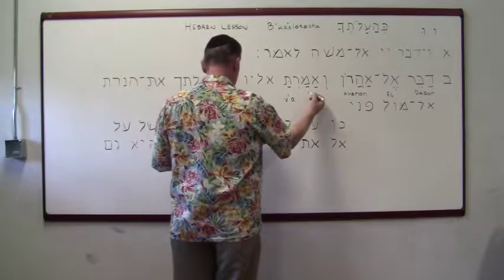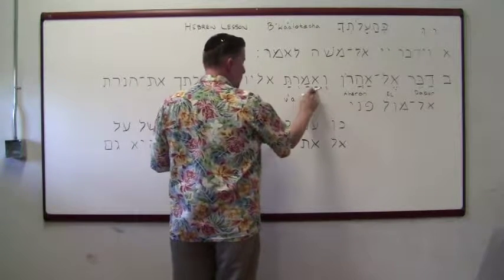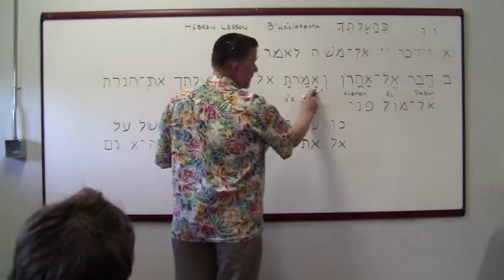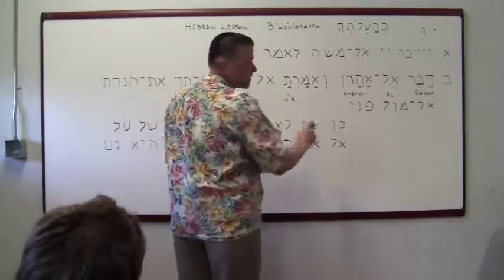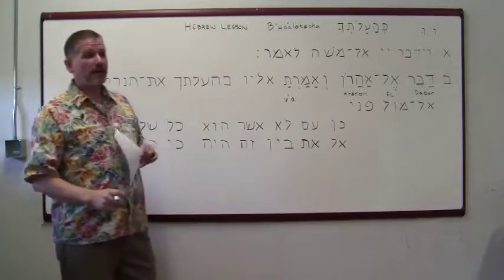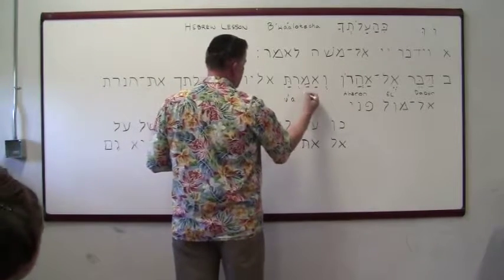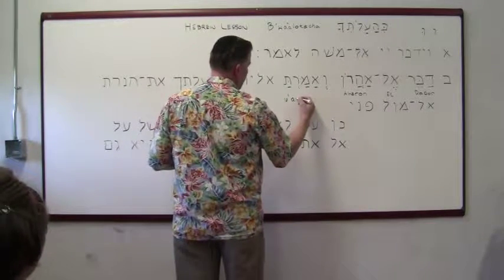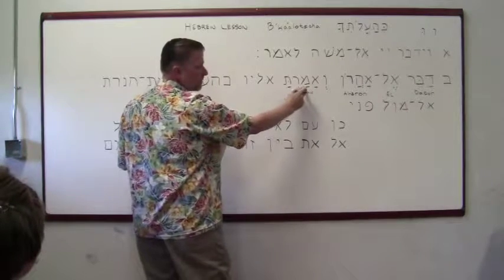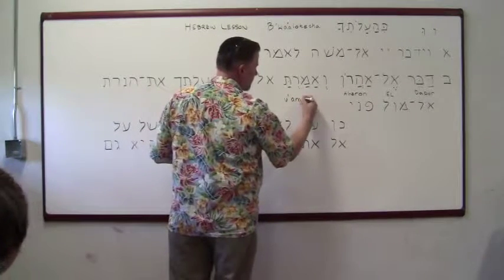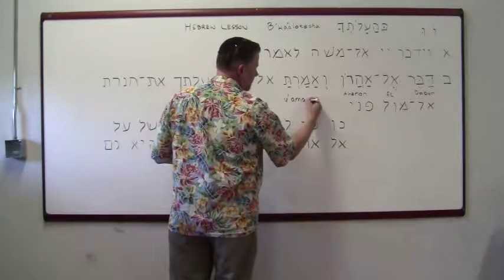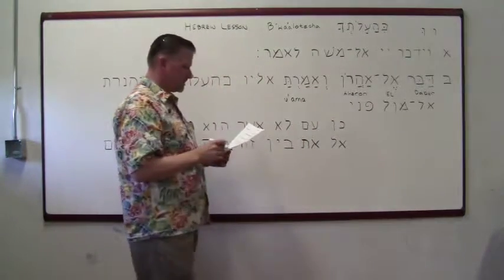Okay. What's this vowel? Yeah, you got it, but what do we call it? Kamatz. Okay. And then this is a... This one? Men. With another, it's ta. Okay.